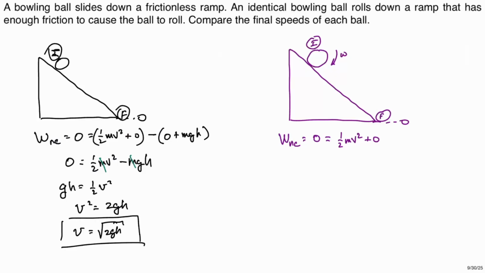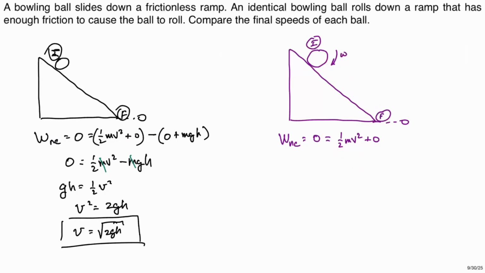But there's another question you have to add on. If something is rolling, what do you have to add on? Is it rotating, right? The question is not just is it moving. 1/2 mv squared has to do with the center of mass going in a straight line.